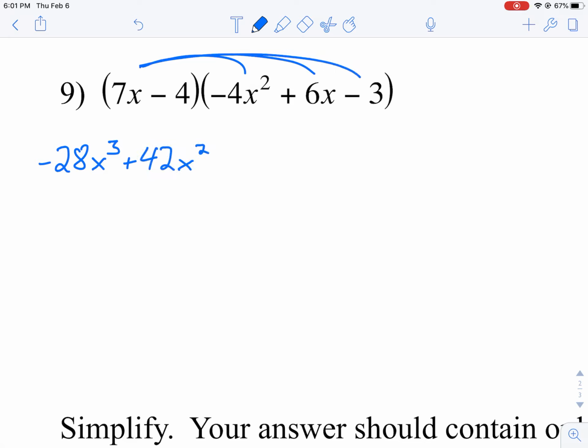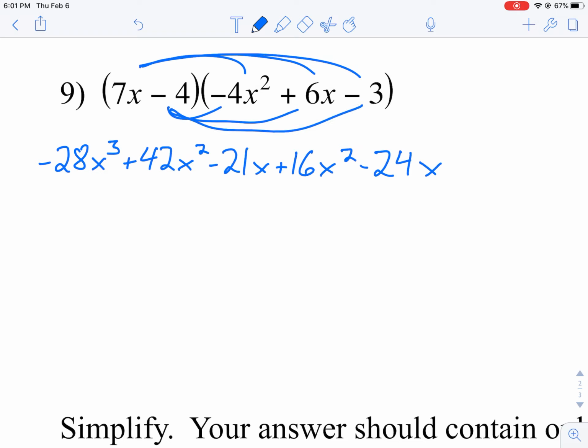Then 7x times negative 3, negative 21x. Next, let's go to the negative 4. So negative 4 times negative 4x squared gives us positive 16x squared. Negative 4 times positive 6x gives us negative 24x. And then negative 4 times negative 3 is positive 12.